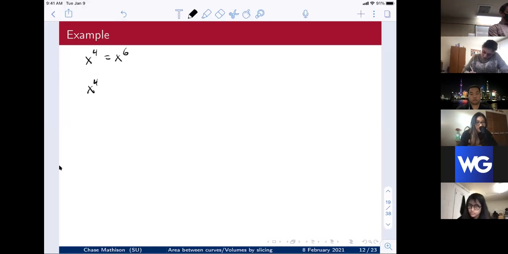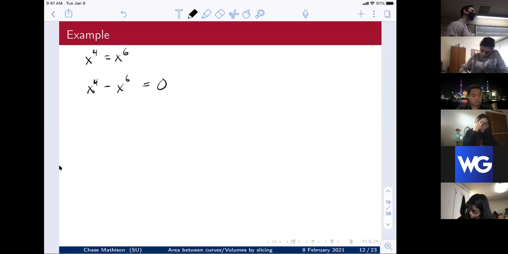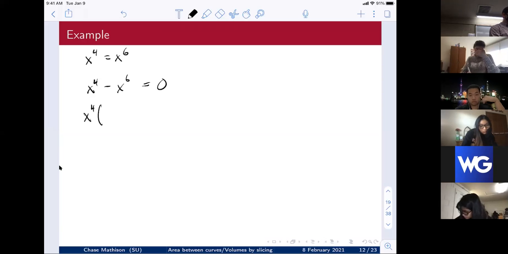So I'm going to subtract, so I have all my x's on one side. You could have subtracted everything to the right if you prefer things on the right. Then what do I do? Good. Factor out x to the fourth, very good.